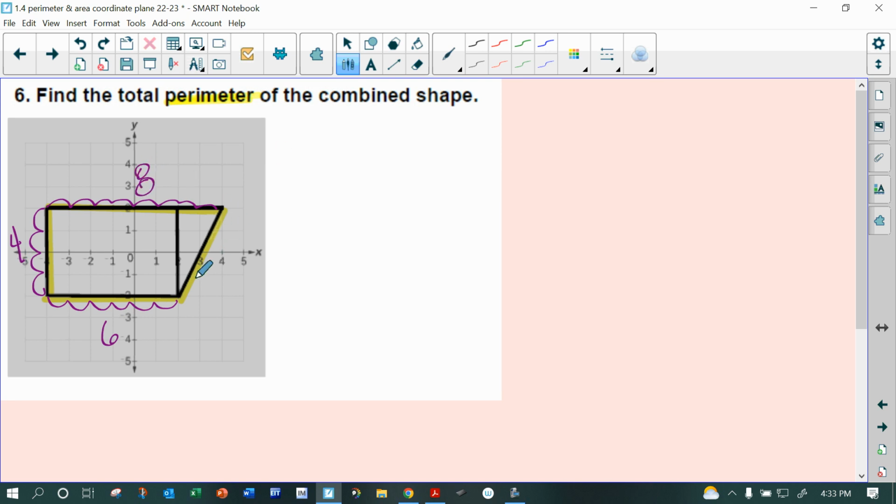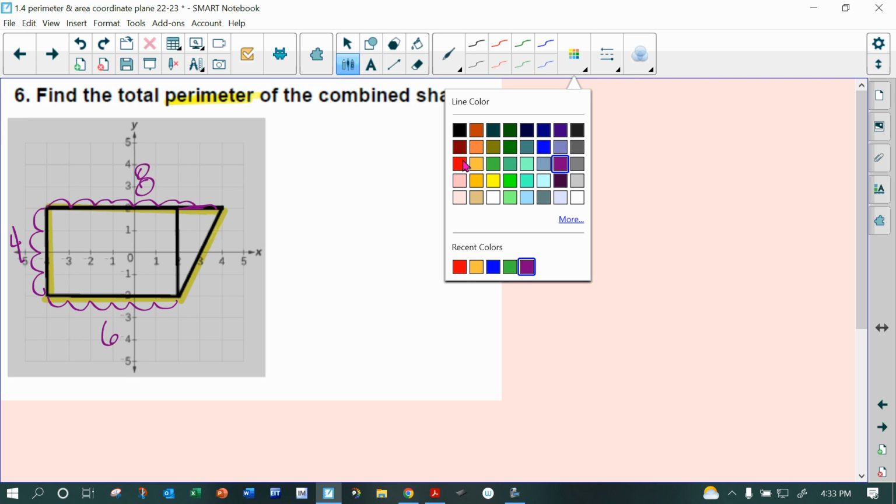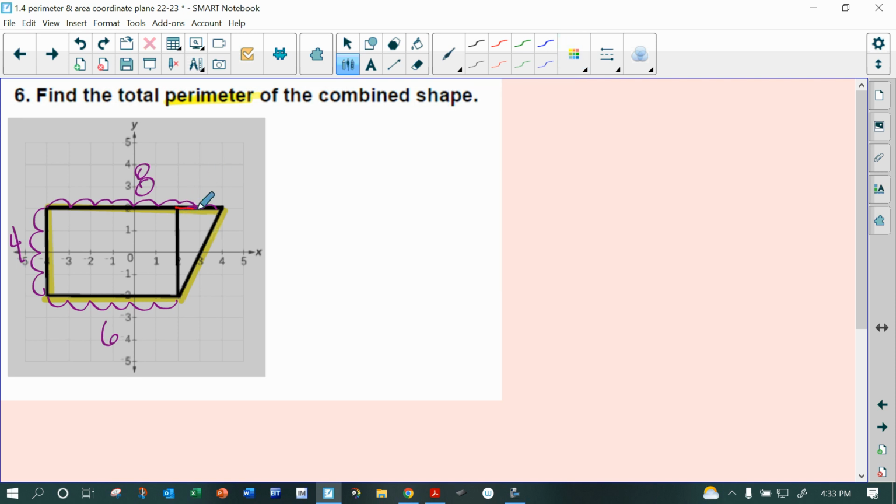Now this one, I'm going to have to do Pythagorean theorem. So you want to do this little piece here. So I'm going to change this to a red so we can see it. So that you've got this and this. So those two are perpendicular to each other. This is 2, and this right here is 4. So to get this piece right here, the hypotenuse, we're going to go 2 squared plus 4 squared equals c squared. 4 plus 16 is 20.